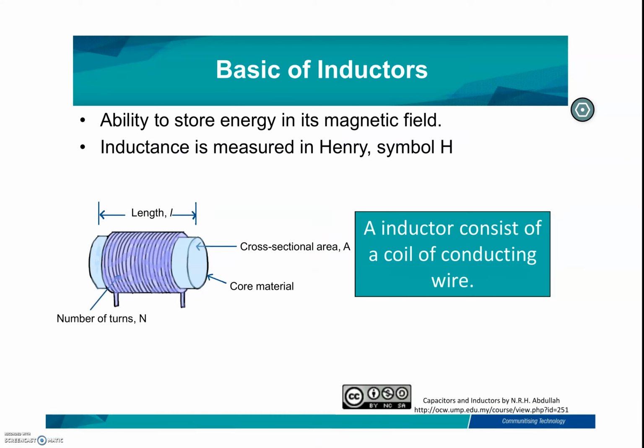Here is the inductor. Inductors are able to store energy in their magnetic field. Inductance is measured in henry, symbol H. An inductor consists of a coil of conducting wire with a length and an area, and you have to include the core material and the number of turns.